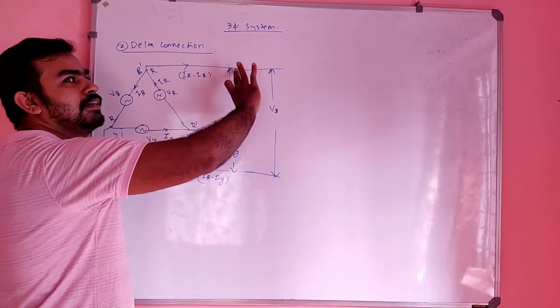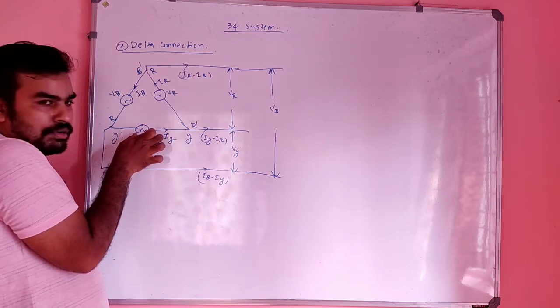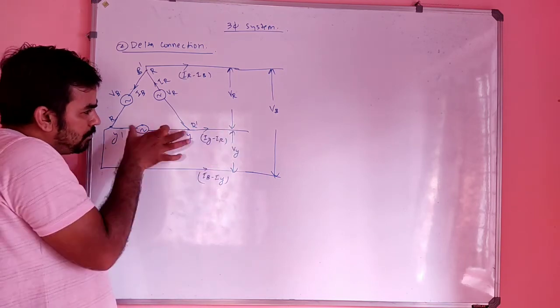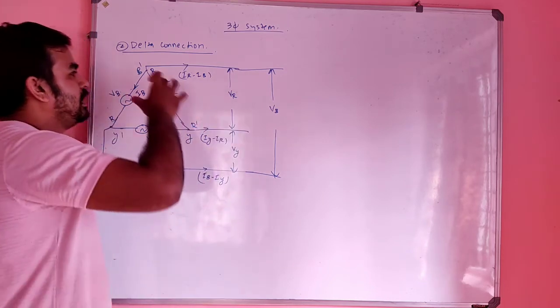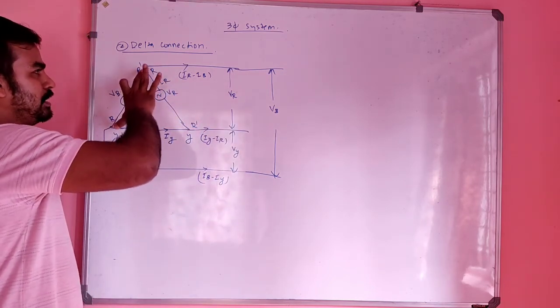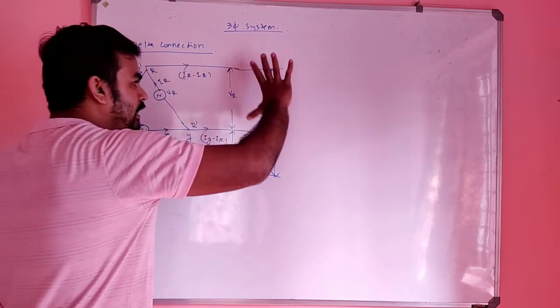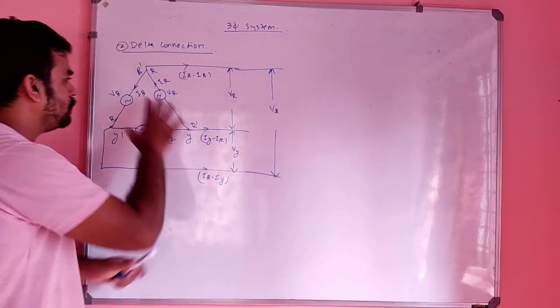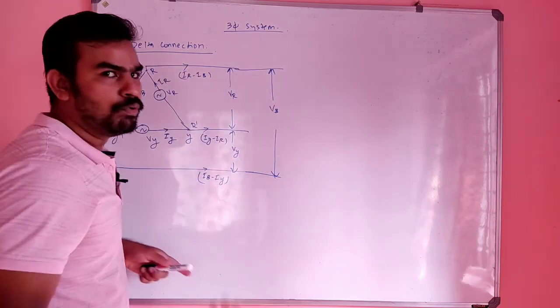And this is VY. If you connect these two terminals, you can feel the same voltage here also, that is VY. And this is VB. Across these, definitely the voltage between these two will be equal to VB. Correct or wrong? Simply, in a parallel connection the voltage will be the same.